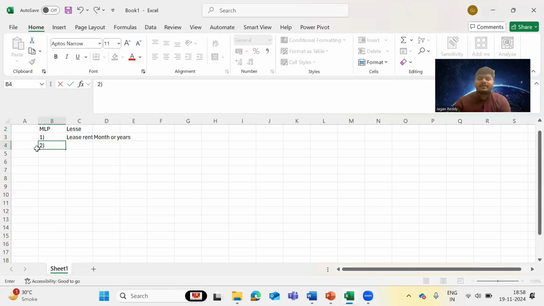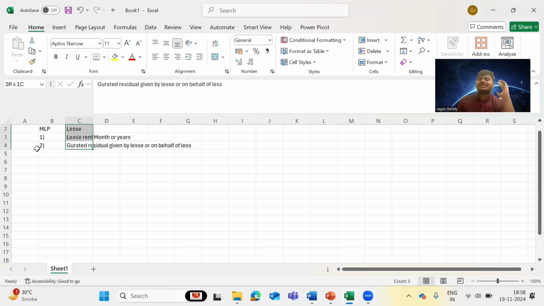And the second one is the guaranteed residual value given by the lessee or on behalf of the lessee. These two are considered in the minimum lease payments.